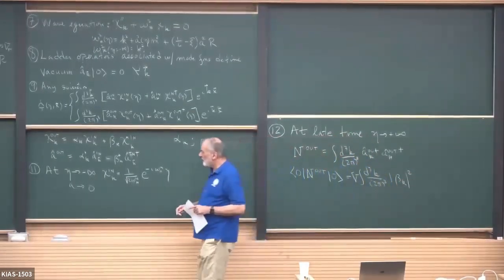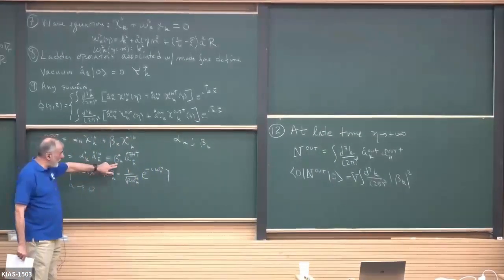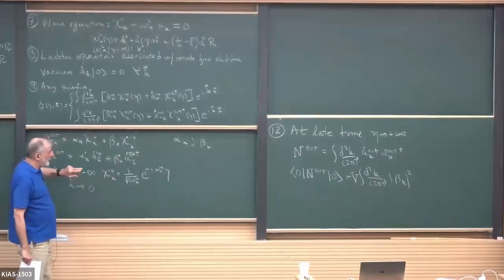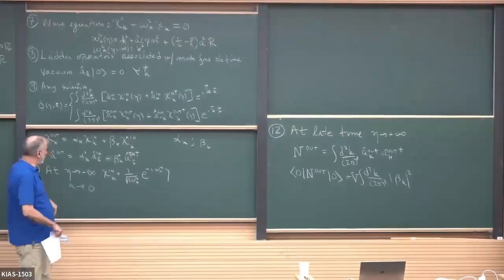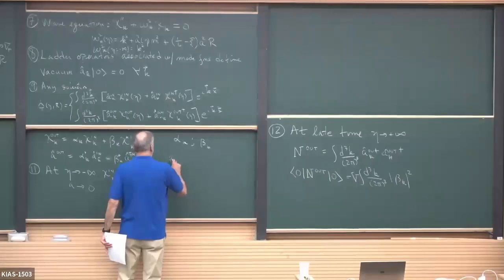So remember, I can express A out in terms of the Bogolubov coefficients. So if I have, it's very simple to do this, AK out dagger, AK out.